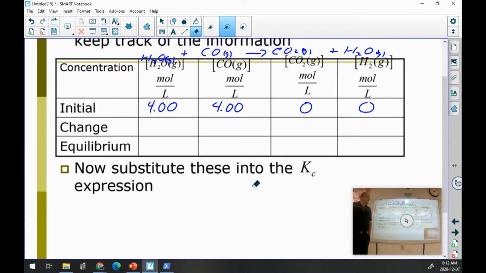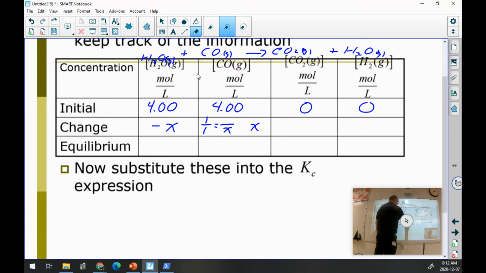Now we don't know what the change is. We have to make an assumption. We're going to say that we use up X amount of the water. Don't know what X is; we're going to find the value of X. Now, because it's a 1 to 1 ratio, we're going to use up X amount of the carbon monoxide.